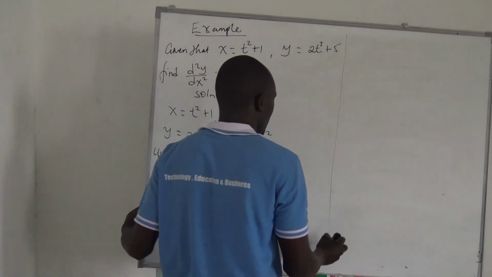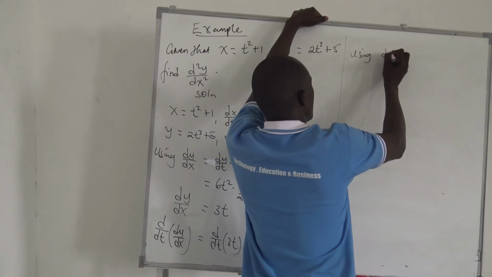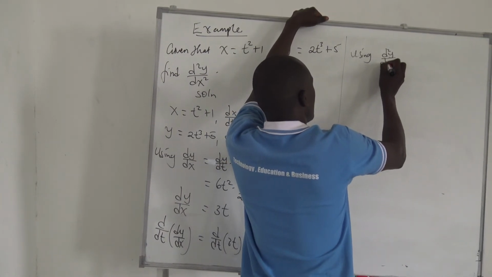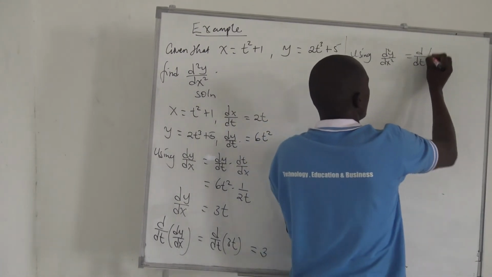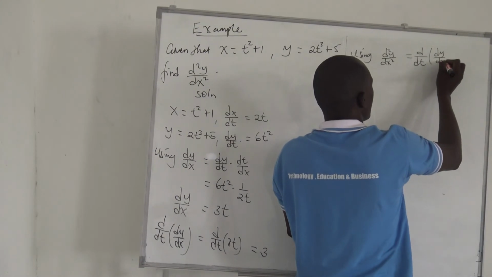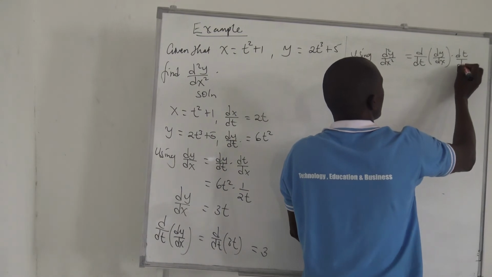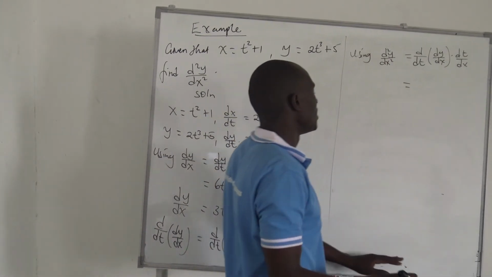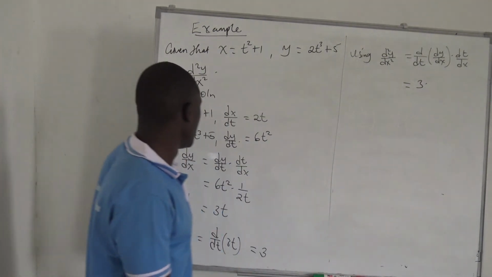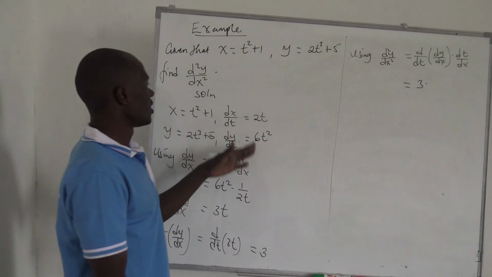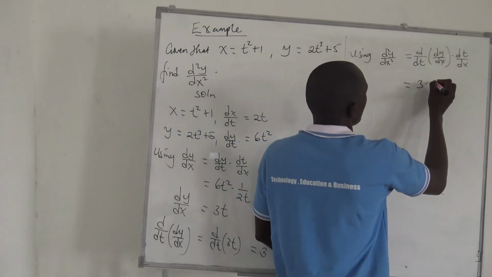Then from there we say, using d2y/dx squared equals d/dt of dy/dx times dt/dx. d/dt of dy/dx is already 3, times, what was your dt/dx? dt/dx was the reciprocal, which was 1 over 2t.